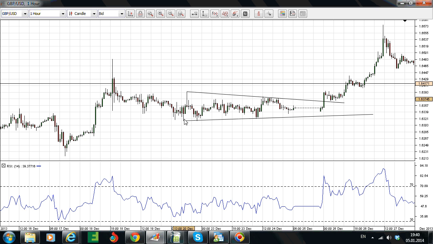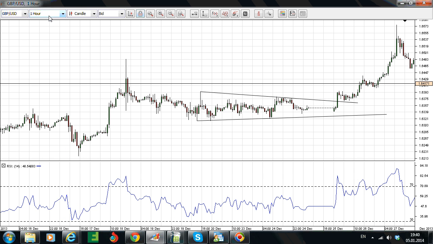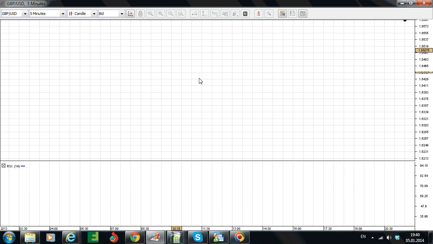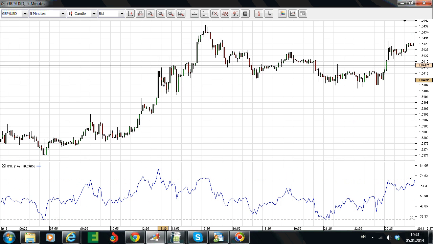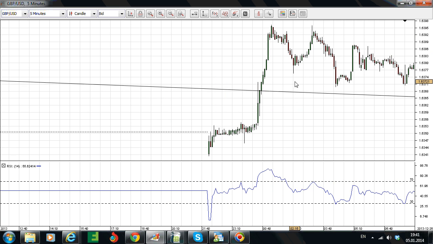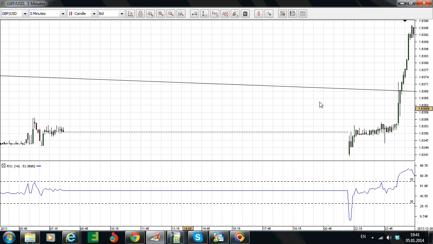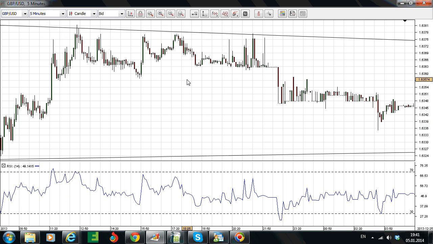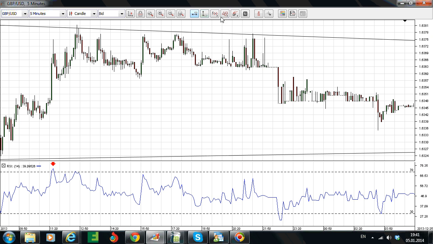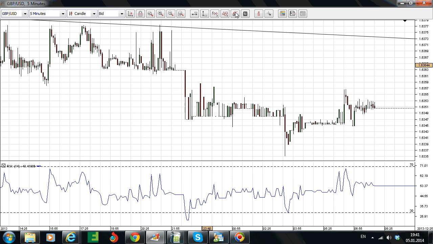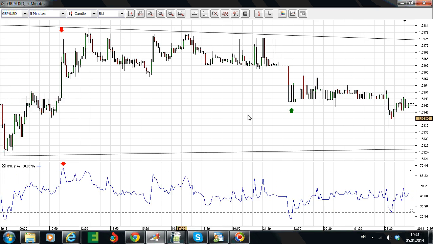So when you identify this kind of consolidation pattern on the bigger time frames, see this is a triangle, go on the lower time frames and look to buy put options when the RSI is overbought, and to buy call options when the RSI is oversold.